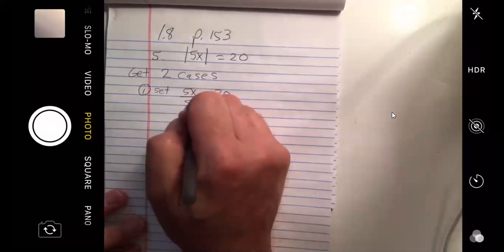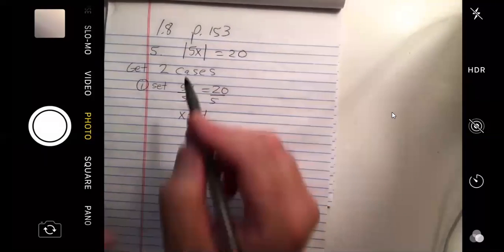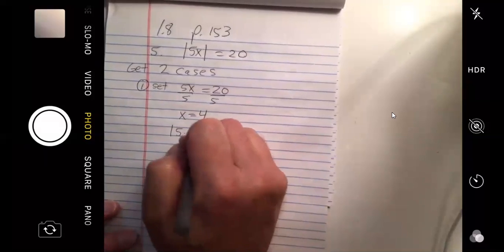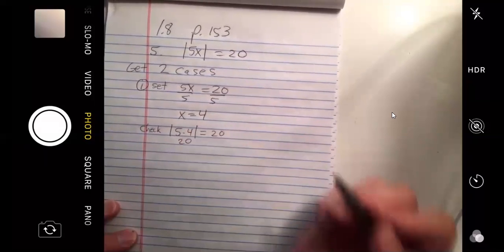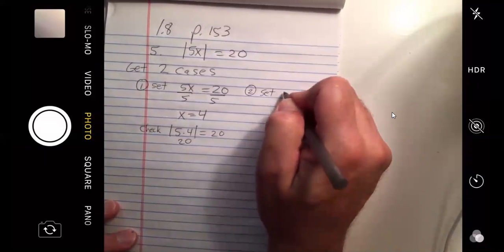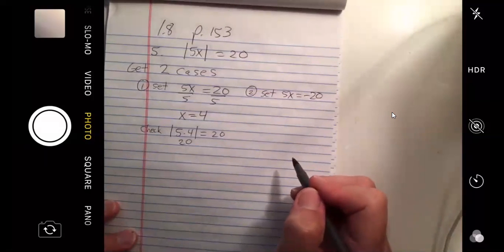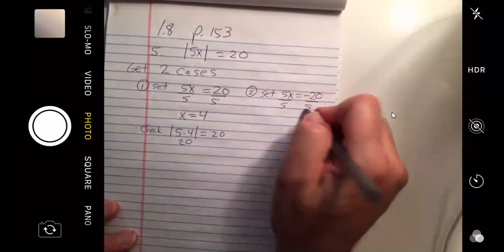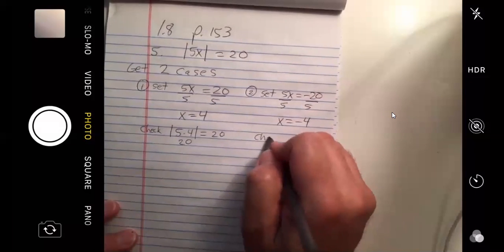So over here, setting 5x equals 20, divide by 5, x equals 4. You can see the check. Absolute value of 5 times 4, 20 equals 20. But you also want to set the 5x equal to negative 20. Divide by 5, and x will come up negative 4. And you can see the check.